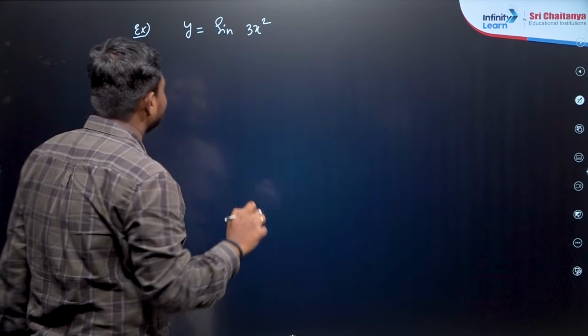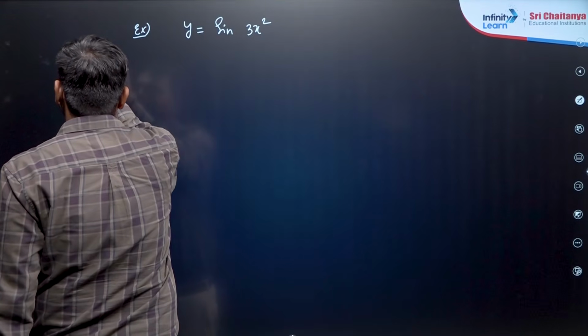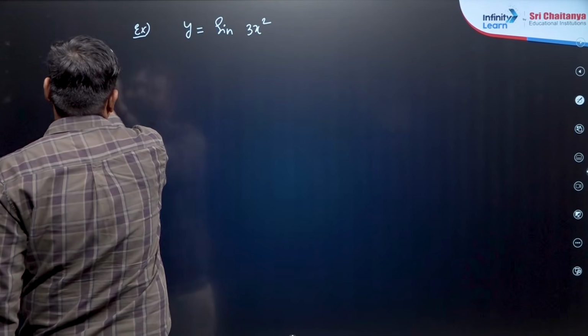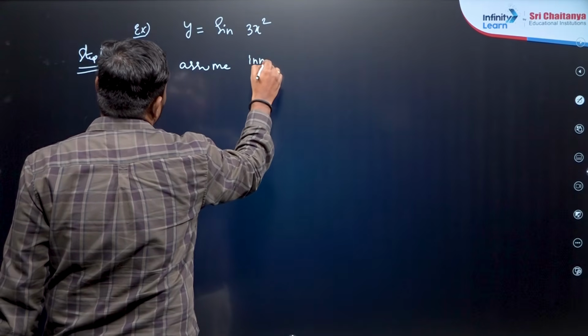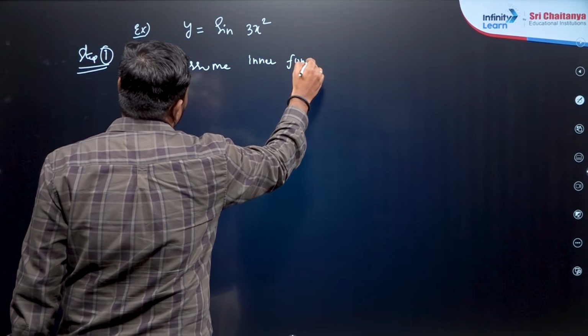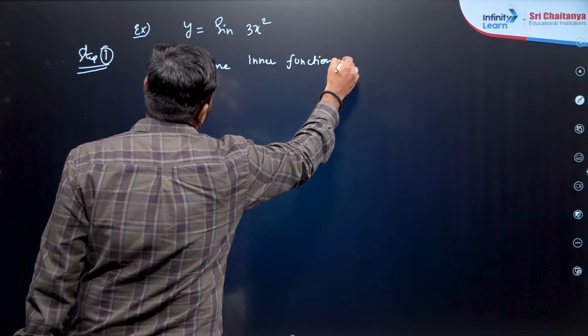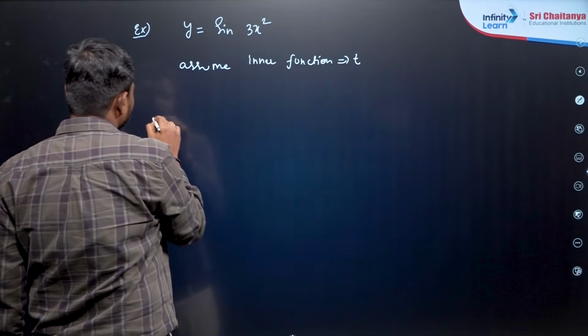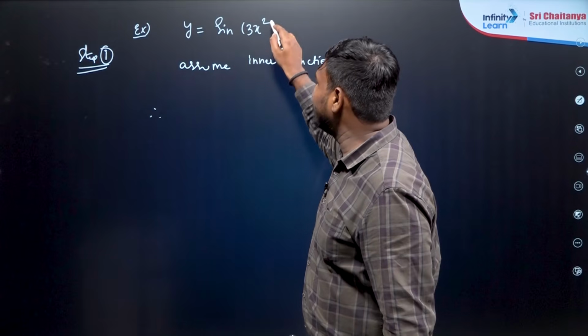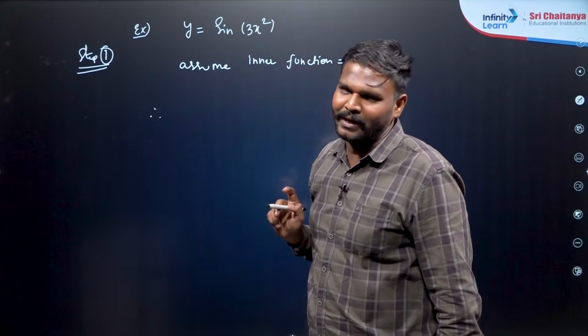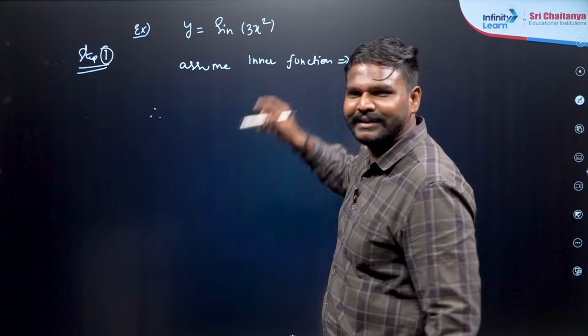So in chain rule, what is step number 1? Assume the inner function, whatever it is, as a variable t. So what I'll write here, you can see inside the bracket we have 3x square. So the inner function must be t.